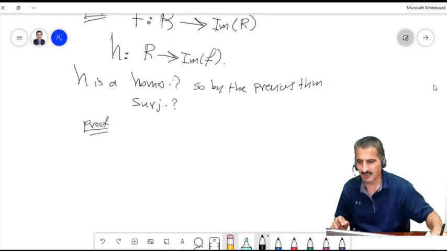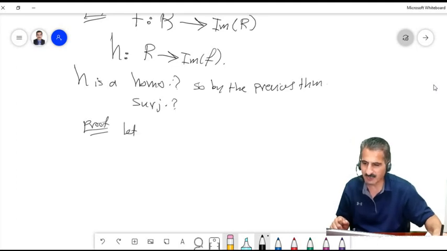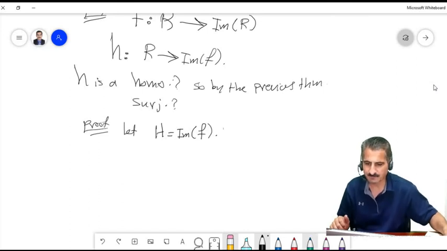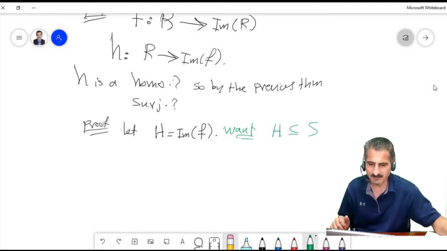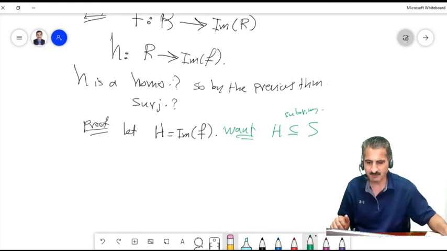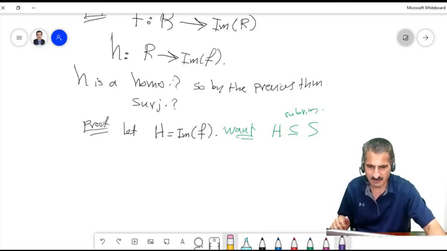Proof. I want to show that, let me name it, let H equal the image of f. We want to show H is a subring of S. So let me do it maybe a little quick.